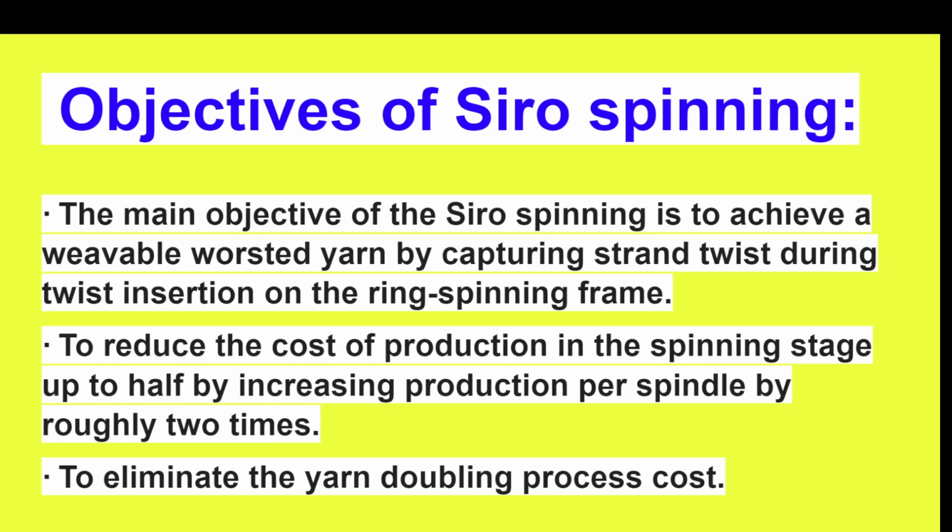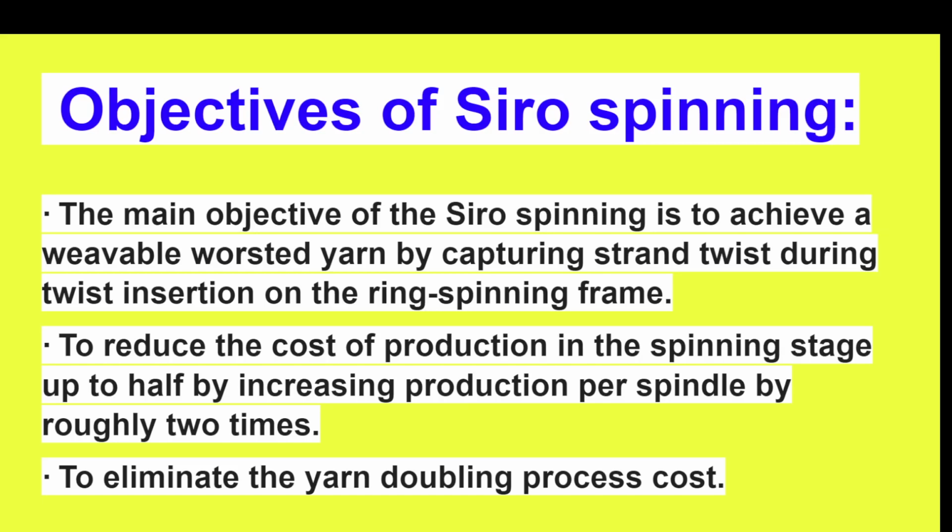The next objective is to reduce the cost of production in the spinning stage up to half by increasing production per spindle by roughly 2 times.